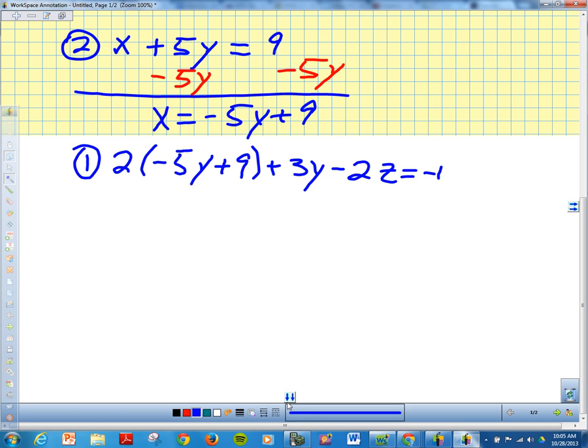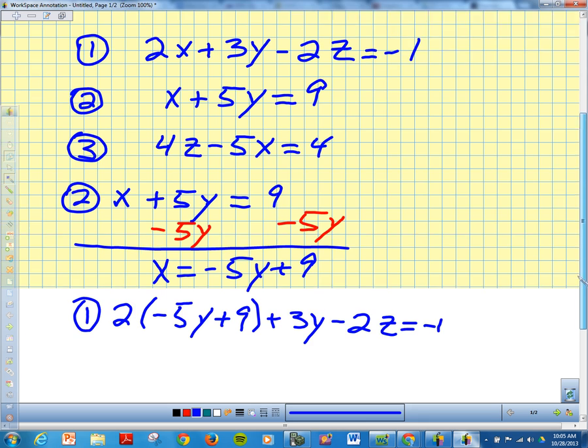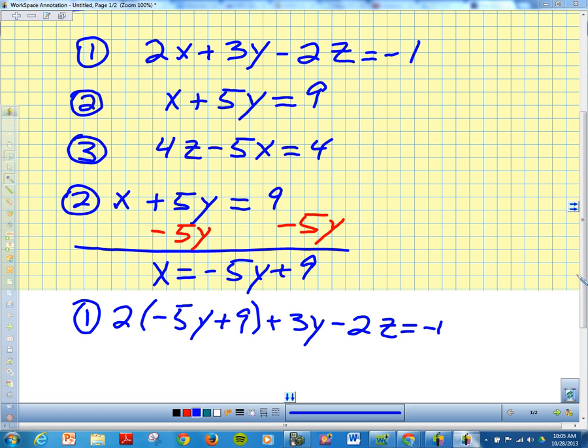So next, I just want to, yep. Why is there 153? No reason for that. Give me a second to understand your question. Because these were the original equations, right? And then I just rewrote number 2 in a different way.